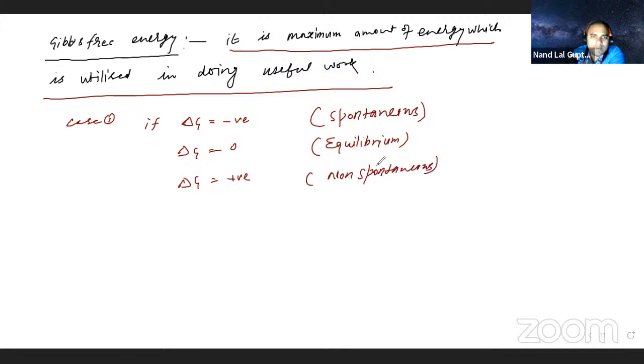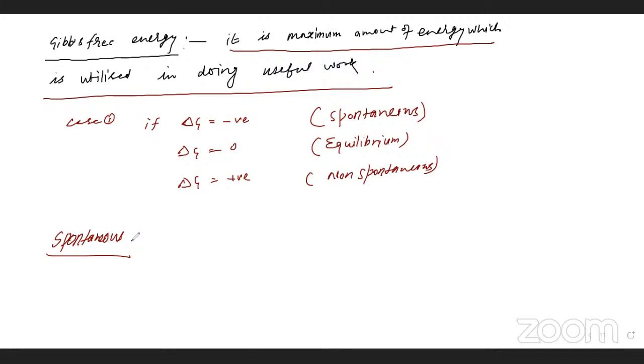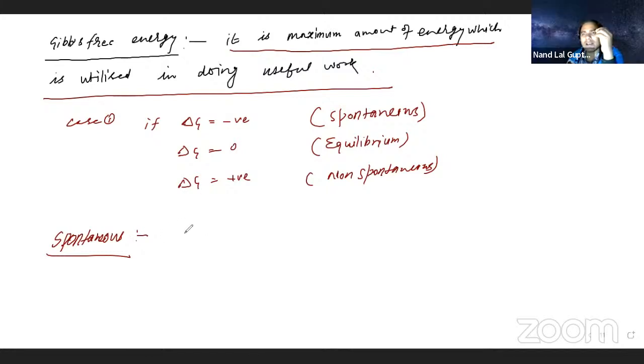If I ask you, what do you mean by spontaneous and non-spontaneous? Can you tell me what is spontaneous? Sound is not coming, Sonal. Hello? So that means the reaction will occur within very less time and by itself only, so no extra energy is required. Like if you spray perfume in the room, it will reach all the room by itself in the air.